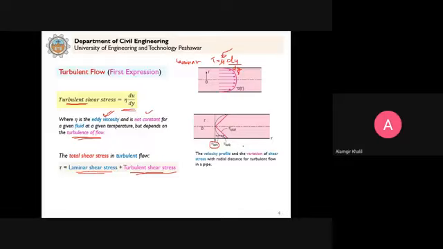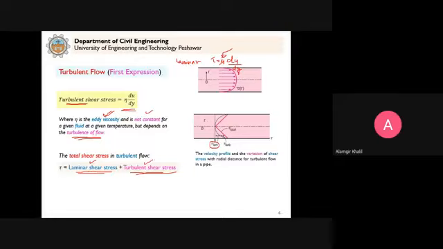As I said before, it is not a true laminar flow near the wall, but it is a laminar like flow. This is what is written in your textbook. Clear?